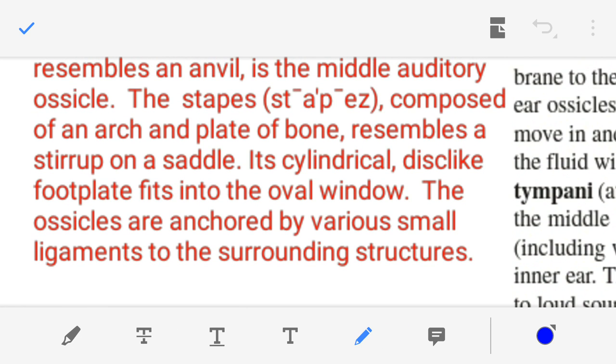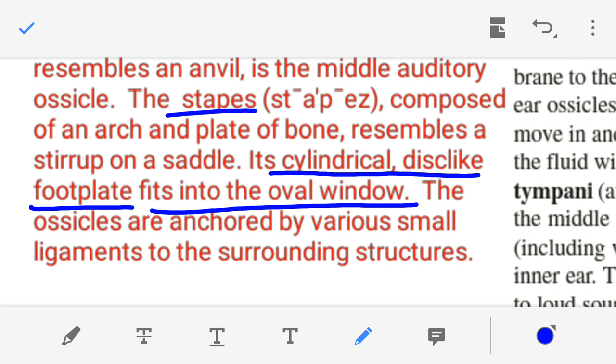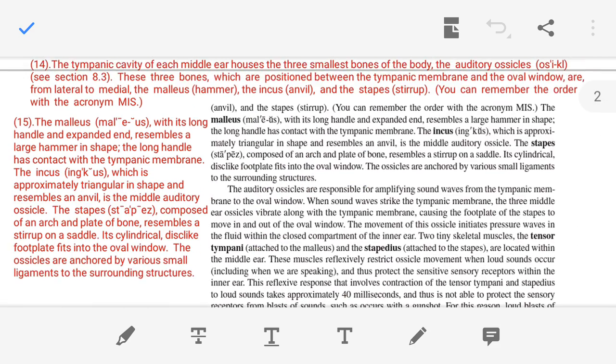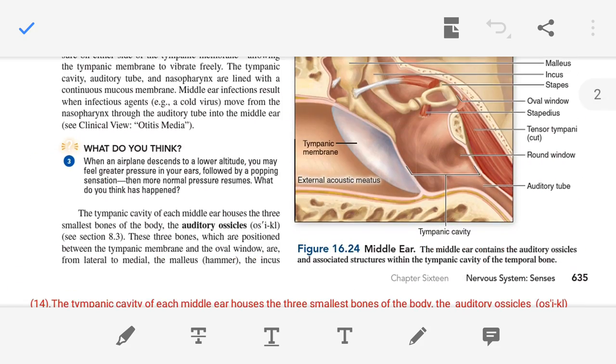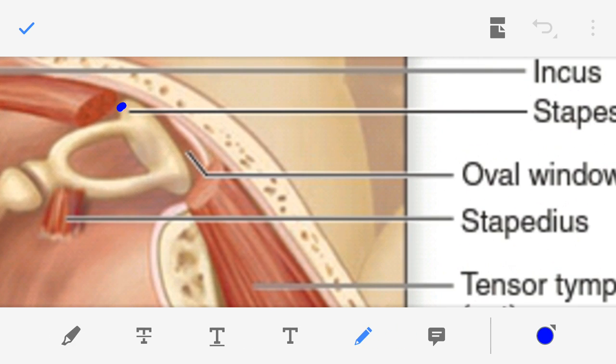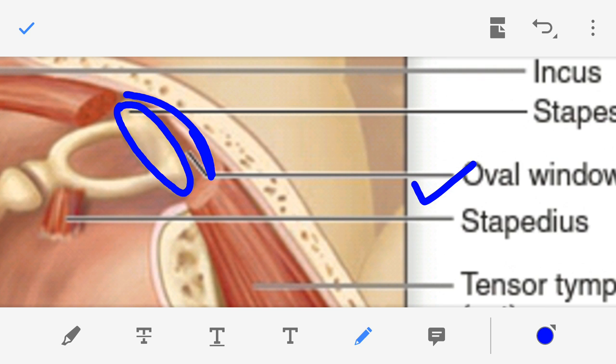See, the cylindrical disc-like foot plate of stapes fits into the oval window. This is the foot-like disc plate, and this disc plate is fitting into the oval window. So this is the oval window.